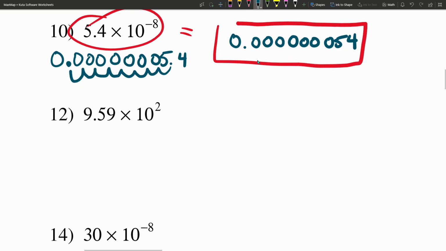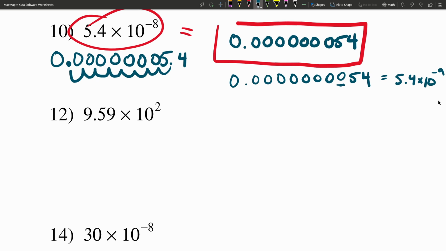So for example, if we had another number, let me just write out 0.00000000054. These numbers look basically the same, right? Visually they do, but I put another 0 in here. So this actually represents 5.4 times 10 to the negative 9th.